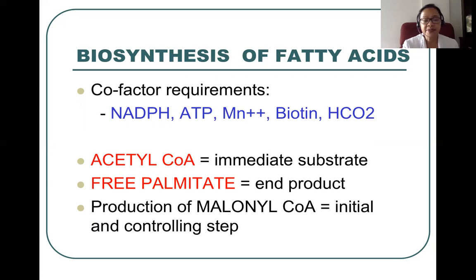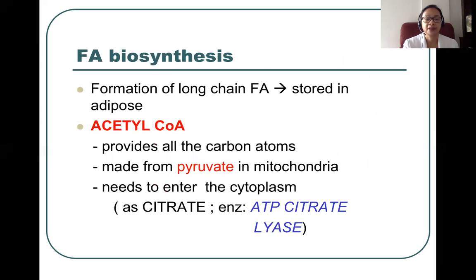The immediate substrate is acetyl coenzyme A, and our aim in this process is the free palmitic acid, which is a 16-carbon palmitic acid. In every process, there is always a controlling, regulated step, which is the production of malonyl coenzyme A. Malonyl coenzyme A is a 3-carbon molecule.